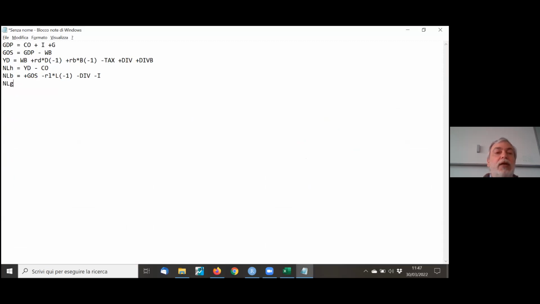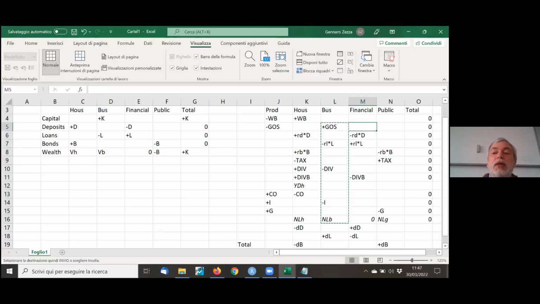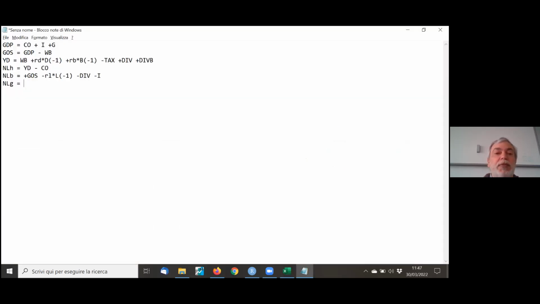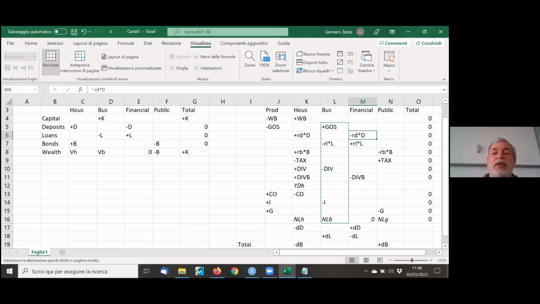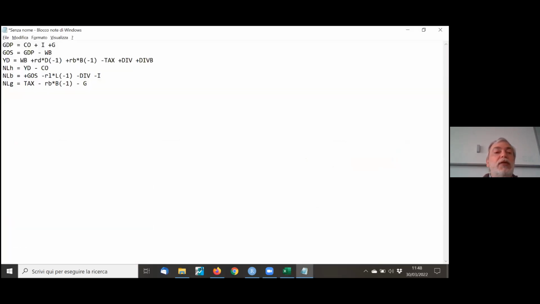And the net lending of the government will be G. This would be tax less RB times B less G. And for the financial business, we will have that the dividends paid are equal to RL times L minus 1 minus RD times D minus 1.